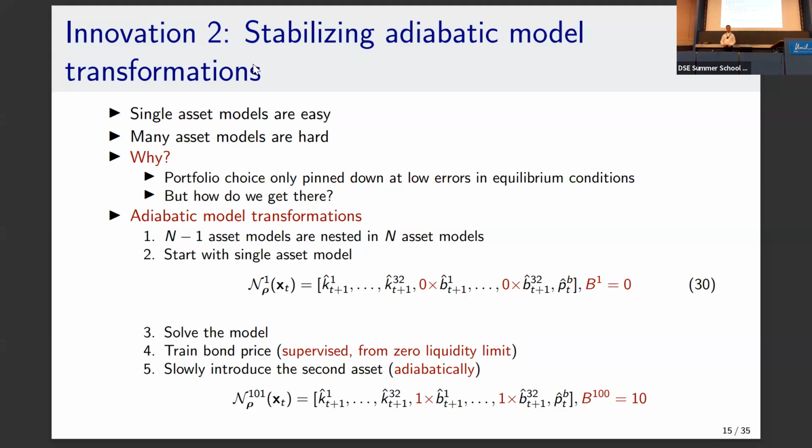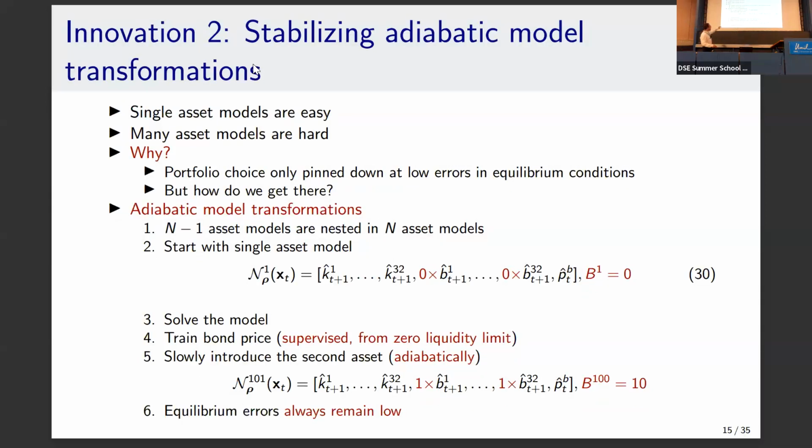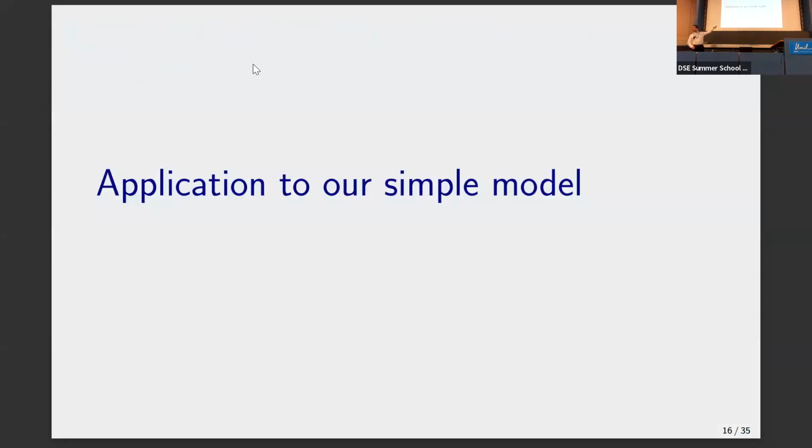Can you give us a sense of how slowly you have to increase it? That's a very good question. Let me show you in detail. My answer is, depending on your model, you have to do it so slowly that you are never going into the region where you cannot do portfolio choice.